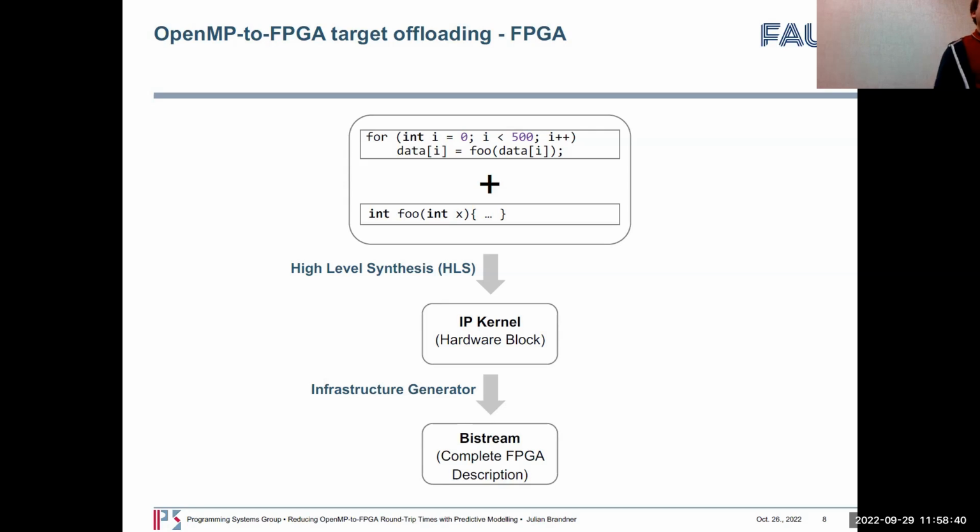Maybe the main point I'm missing here is, when you execute different target regions, do you have to change the bit stream each time or do you have a single bit stream? You get one single bit stream that combines all target regions. Yes, you get multiple IP kernels, and they are all combined into one single bit stream. So you have to be careful regarding which resources are available. Exactly. Yeah.